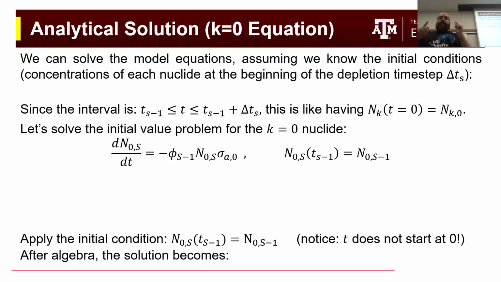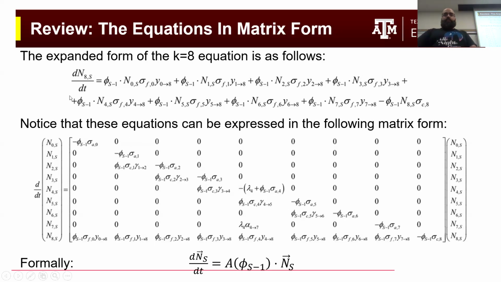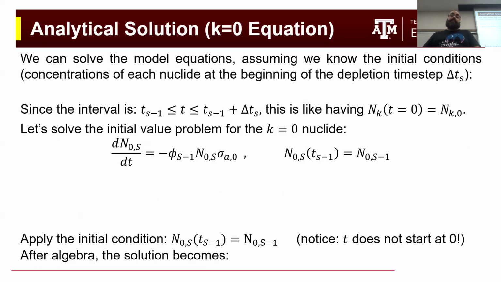Each of these equations is effectively a differential equation in time. To solve a differential equation, we need either initial conditions or boundary conditions. Because the only variable is time, all we need is an initial condition. So we need to know the concentrations of these nuclides at the beginning of our time step.